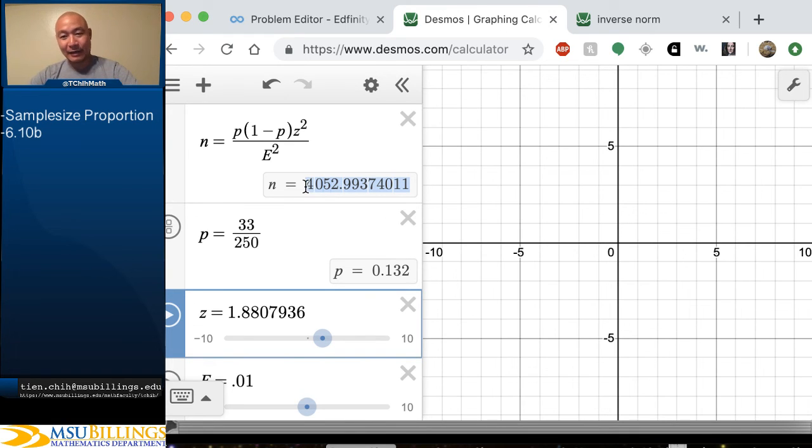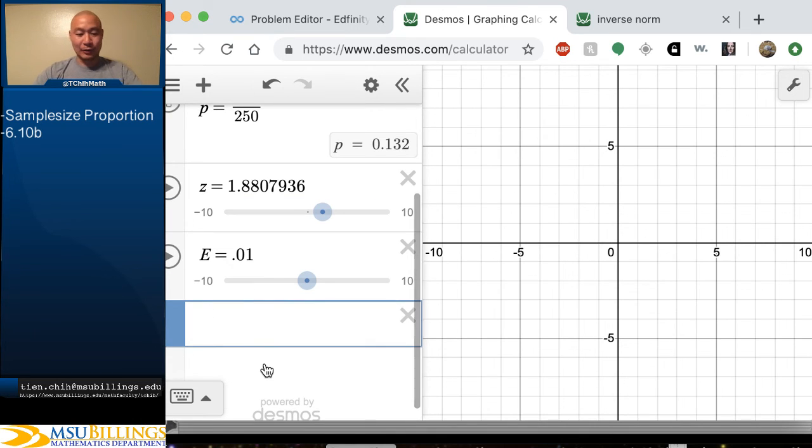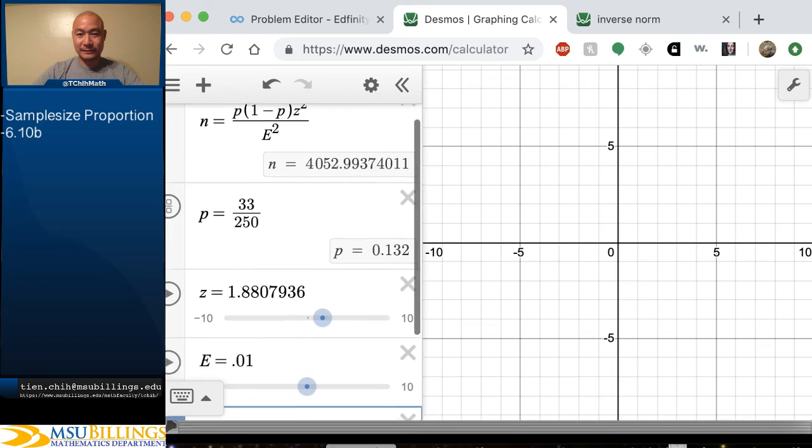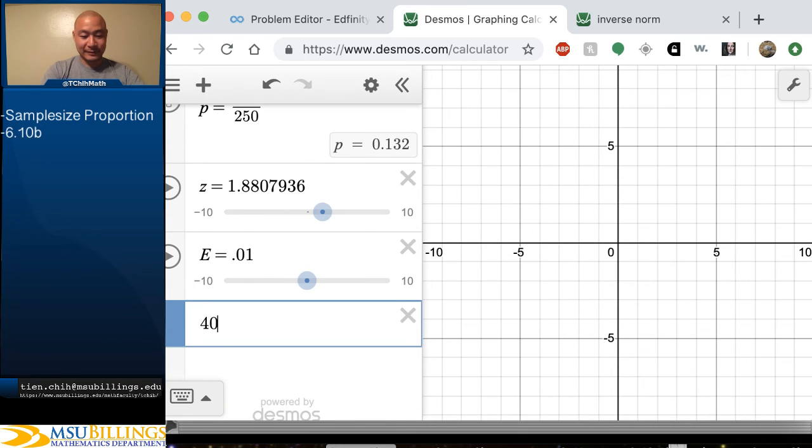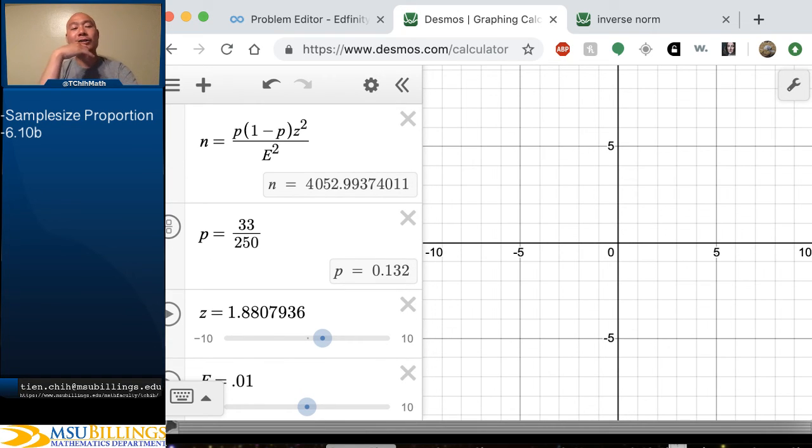We have an n of 4052.993, and that translates to 4,053 students that need to be sampled. Now, something that's very important to note is that even if this were a 0.99, even if this were a 0.01, we would still round that up, right?